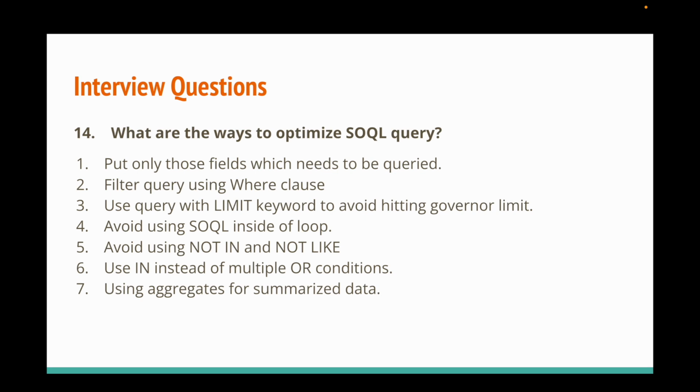We can avoid using NOT IN and NOT LIKE. We can use IN instead of multiple OR conditions, like if we have a set of IDs, we can use IN instead of hard-coded values using the OR operator. We can even use aggregate queries for summarized data as well.